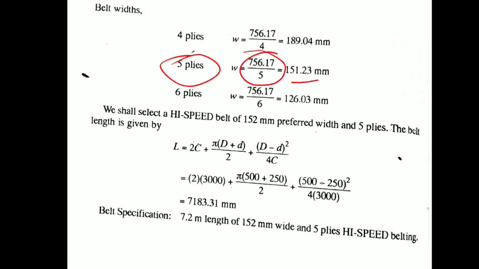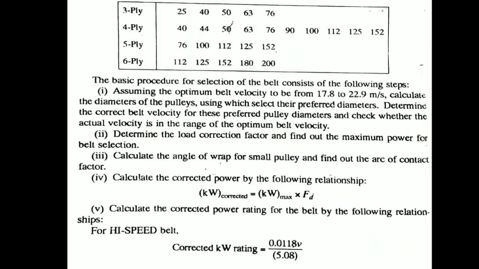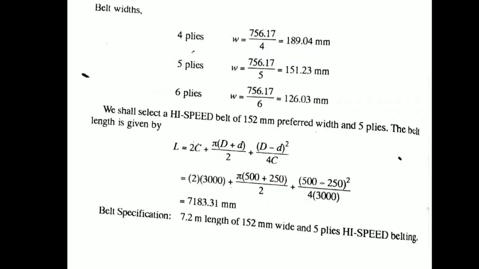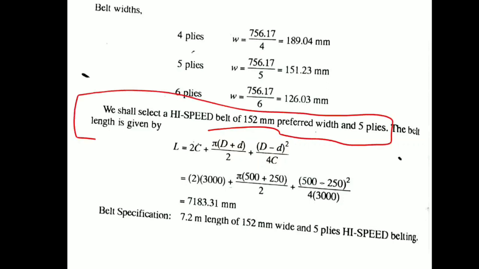It will give you 151.23. For 5 ply, it will give you 151, which is nearer to 152. So I can select 5 ply. Therefore my system is suitable for 152 mm, preferred for 5 plies as per the given statement.